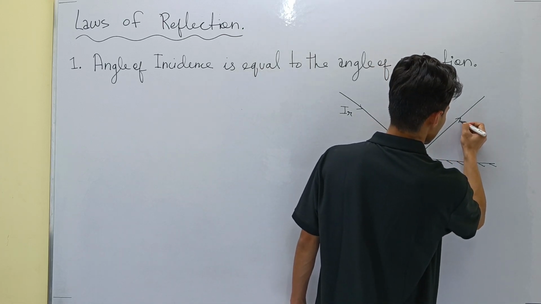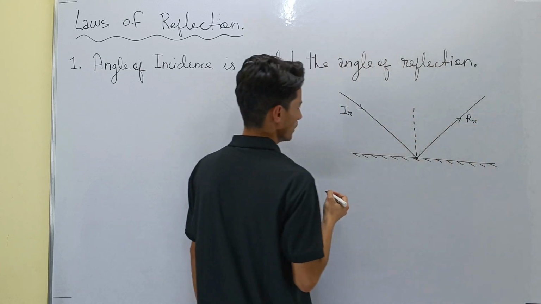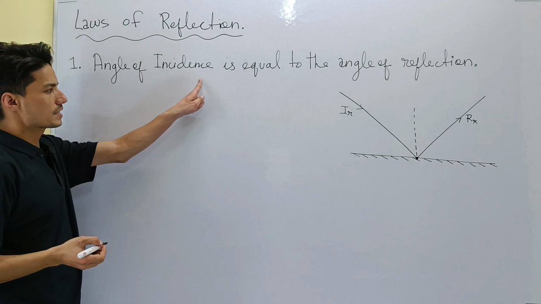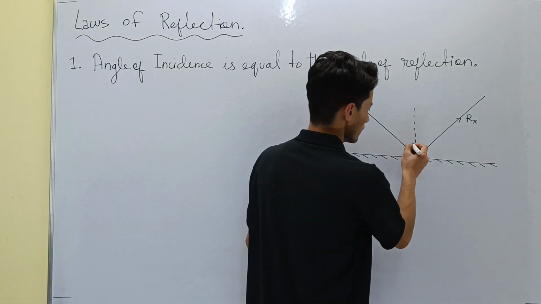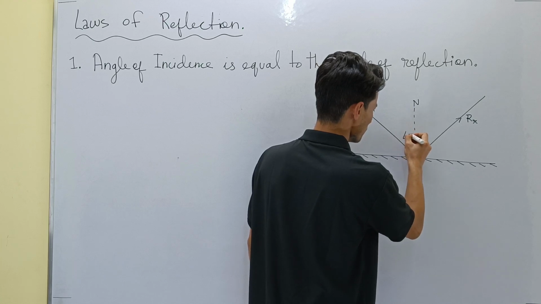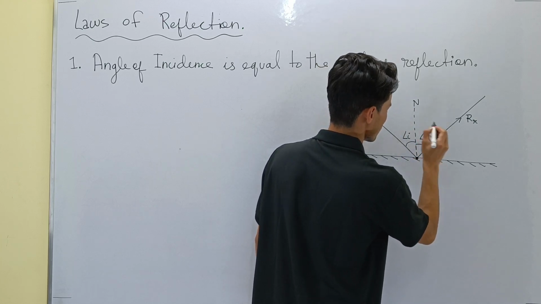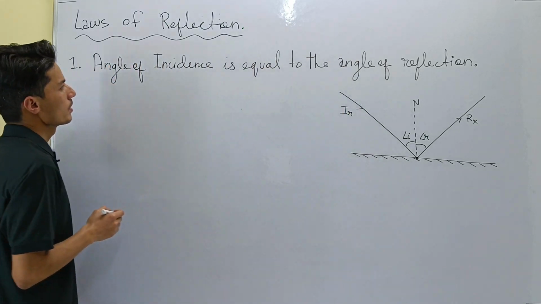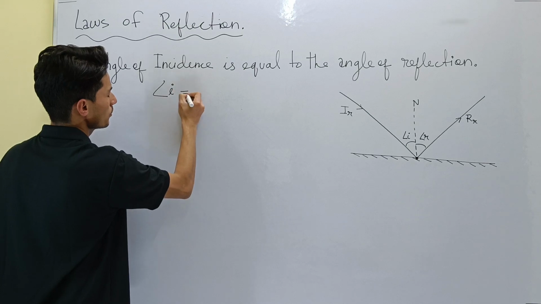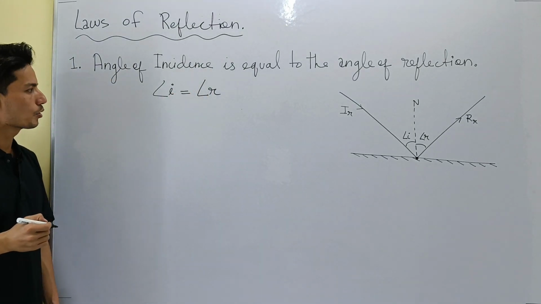This is the reflected ray, RR. So the first law of reflection states that the angle of incidence is equal to the angle of reflection. This was the normal. The angle of incidence was here, and the angle of reflection was here. So the first law of reflection says that angle I is equal to angle R. I hope this is clear.